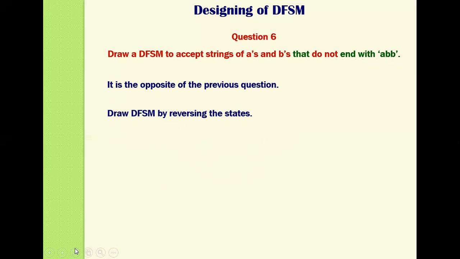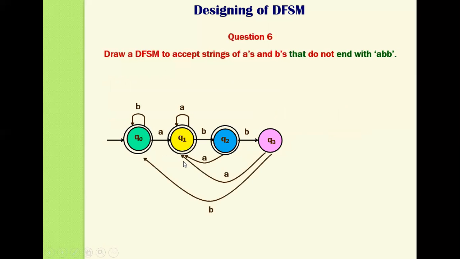Reversing the states means make final states as non-final states and non-final states as final states. So same thing I have given, but I have just made Q0, Q1, Q2 as the final states and Q3 as the non-final state.